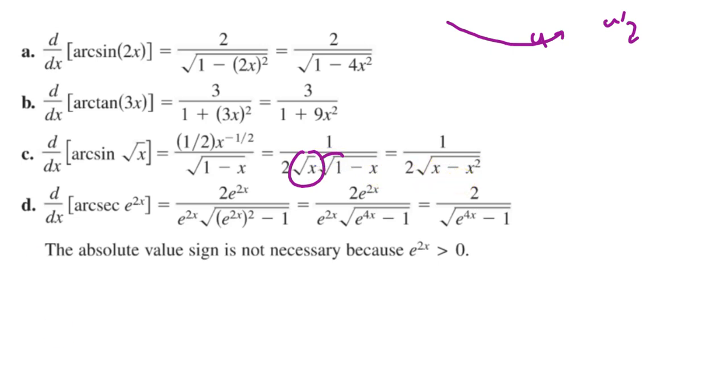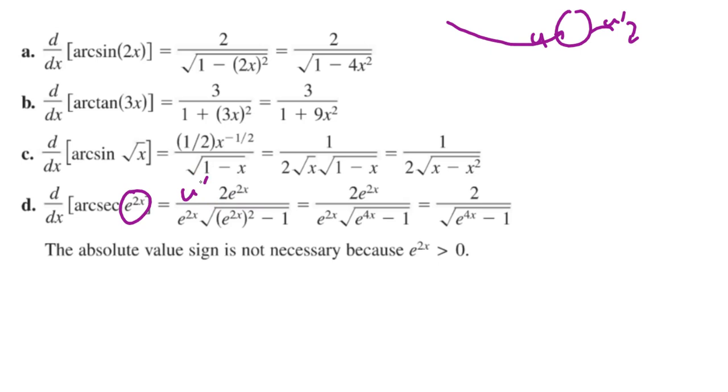Again, let's look at another one where we have arcsecant of e to the 2x. Again, applying the formula for the arcsecant function, right? The derivative of u, well, again, in this case, isn't u this e to the 2x? Well, again, does it make sense how we got 2e to the 2x as u prime here?